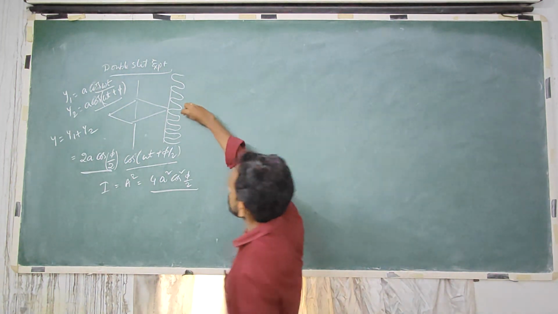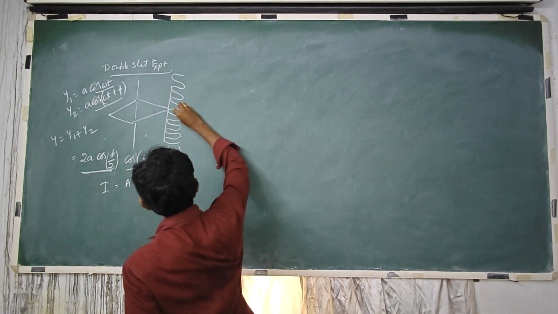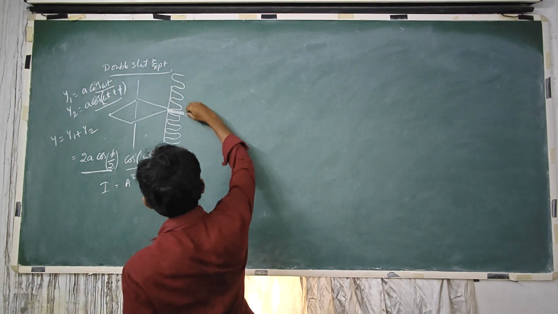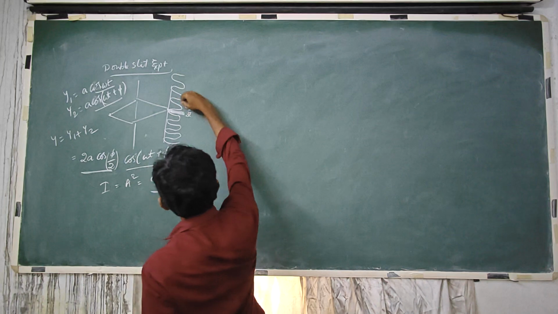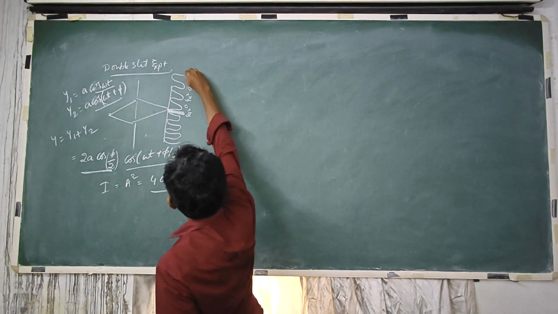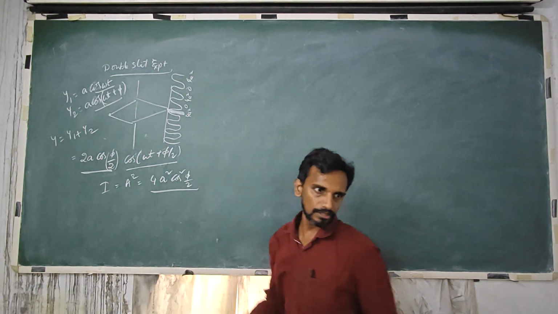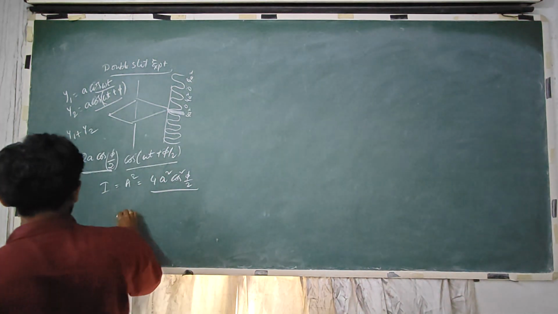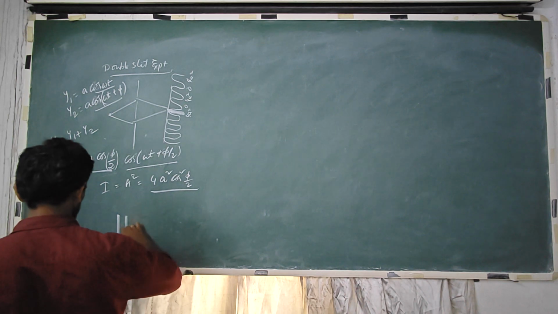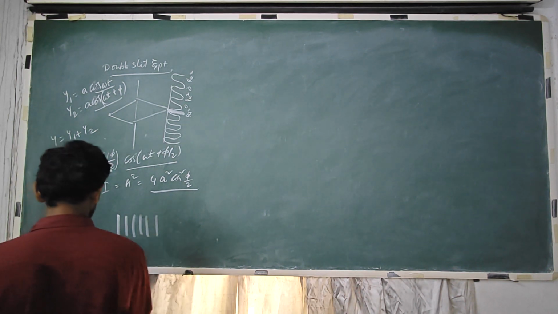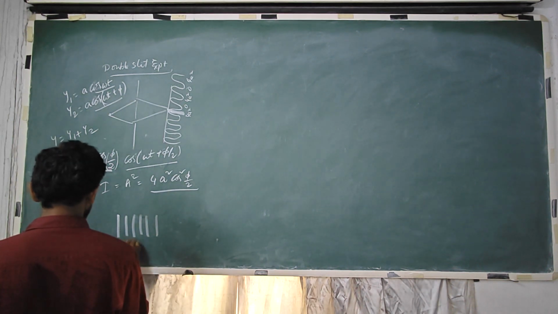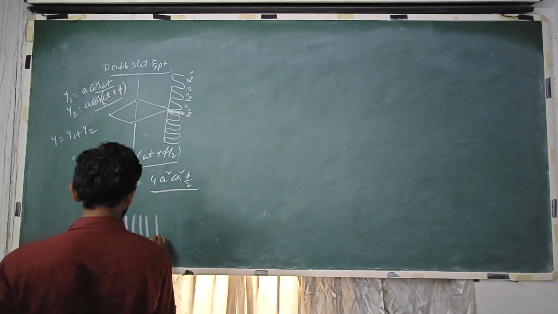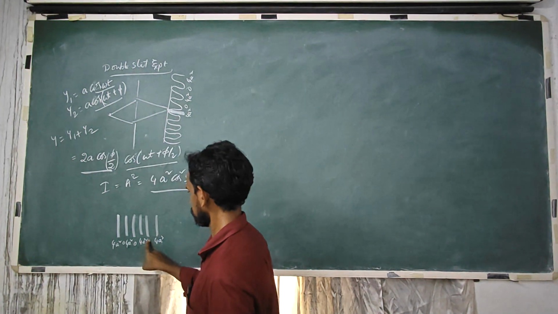That means at some points you have 4a square intensity, and at some points you have 0: 4a square, 0, 4a square, 0. So like that the intensity varies, and you get a pattern like that.